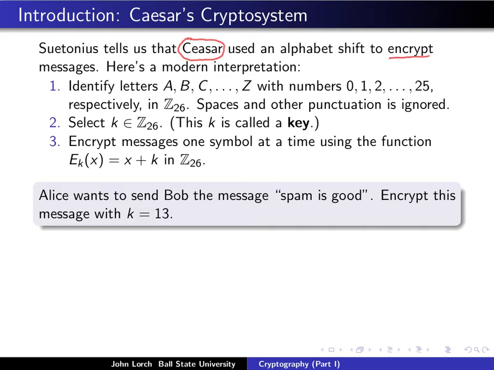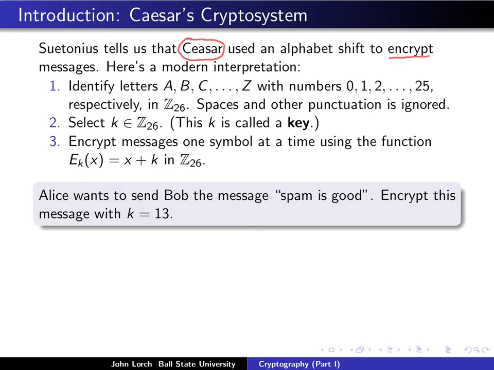So here's a modern interpretation of Caesar's cryptosystem. So what you do is you take the letters A, B, C, D, up through Z in order, and you identify those letters with the numbers 0, 1, 2, up through 25 in order.